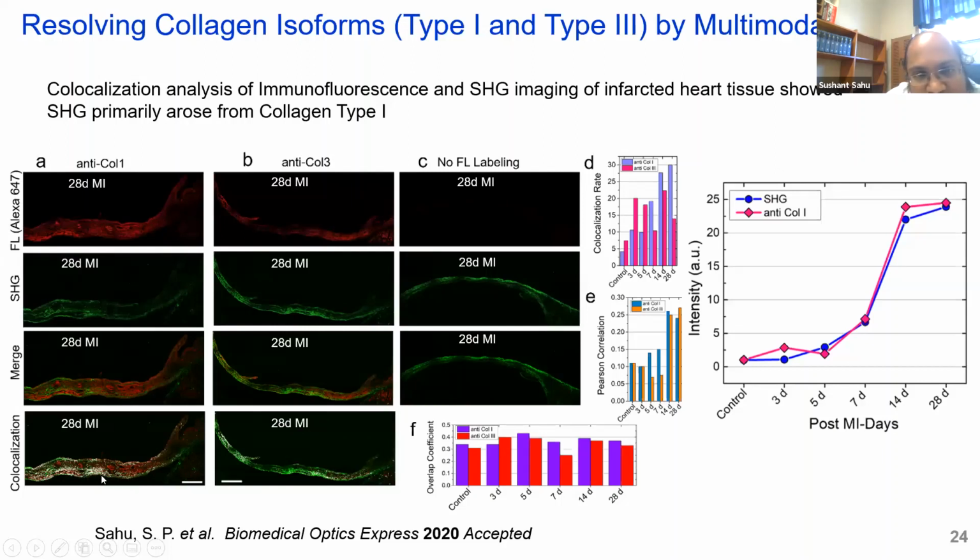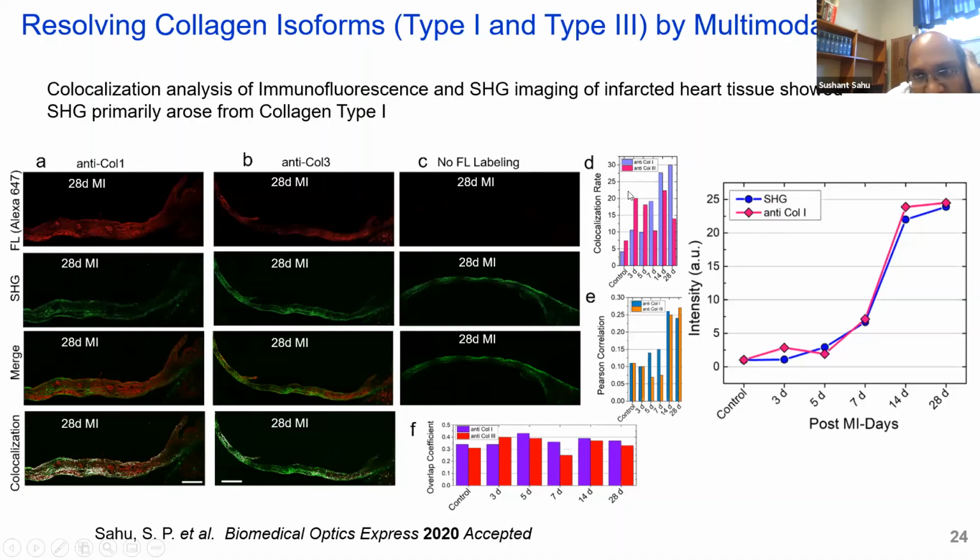These white pseudo-colored regions show the co-localization pixels between the antibody-labeled collagen 1 and SHG, and we see increased co-localization in the case of collagen 1, and much less co-localization with respect to collagen 3.